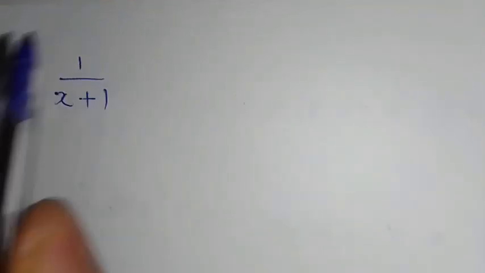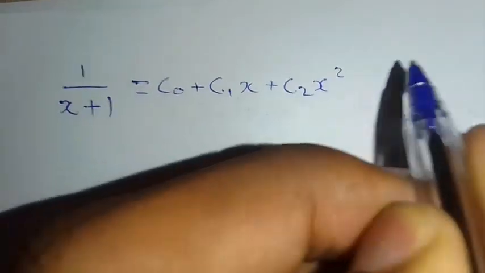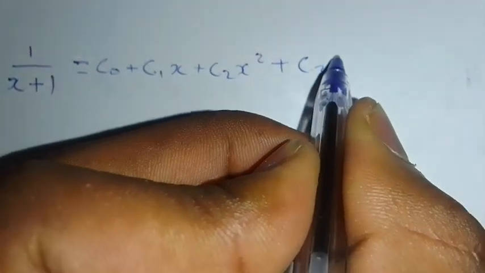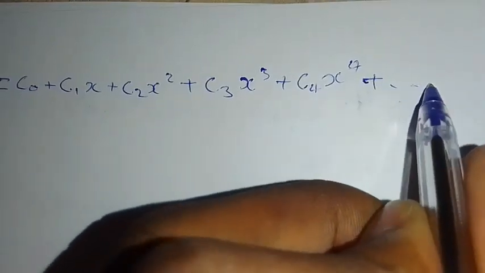So let's look at another example. Let's look at 1 over x plus 1. We want to express this as c naught plus c1x plus c2x squared plus c3x cubed plus c4x to the fourth, and to an infinite number of terms, because it's not a polynomial.